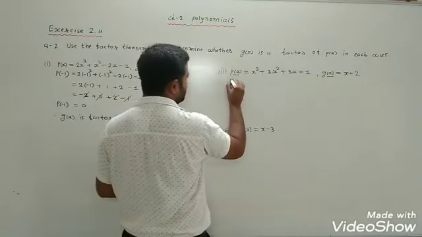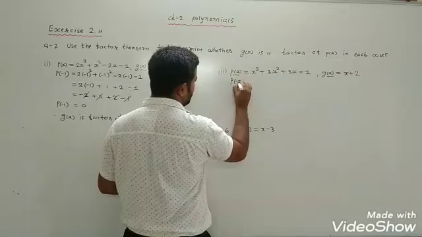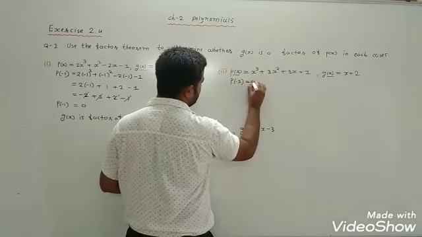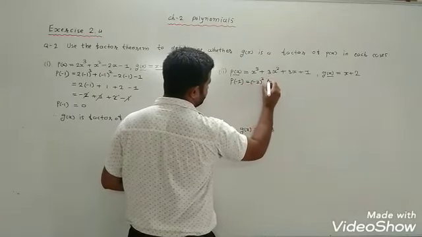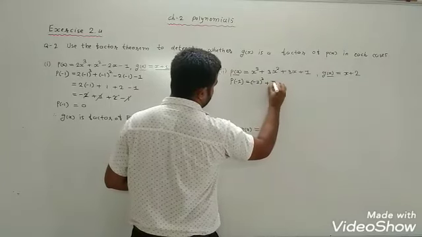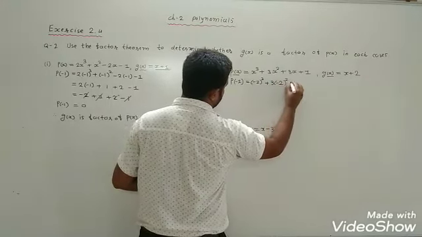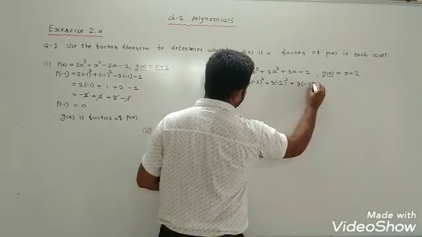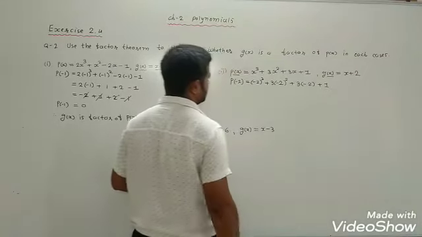So I have to write here p of minus 2. So we have minus 2 cube plus 3 into minus 2 square plus 3 into minus 2 and plus 1.